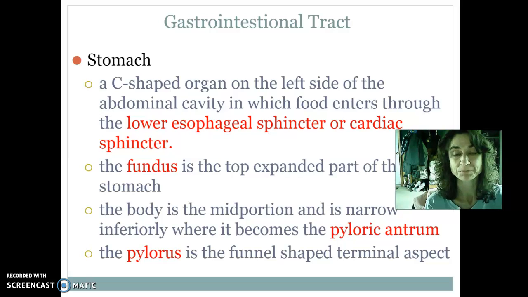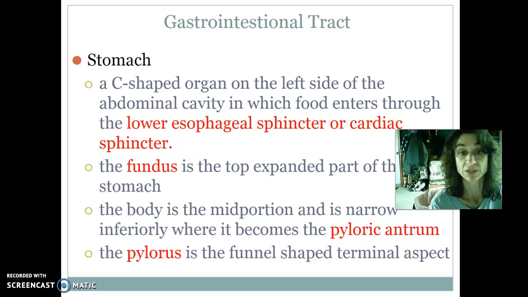Okay. So once it passes through that cardiac sphincter, then you're going to enter into the fundus, which is the top part of the stomach. Okay. From the fundus, it goes down into the body of the stomach. Okay. This is more the bulk of the stomach, okay, where all the food collects. As it passes through the bulk of the stomach, or the body of the stomach, it's going to start to become more narrow.